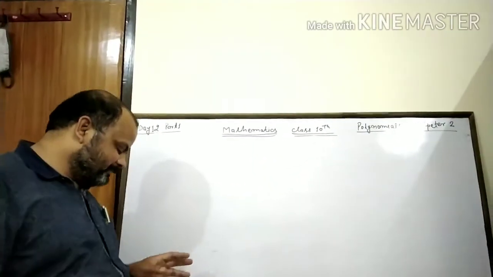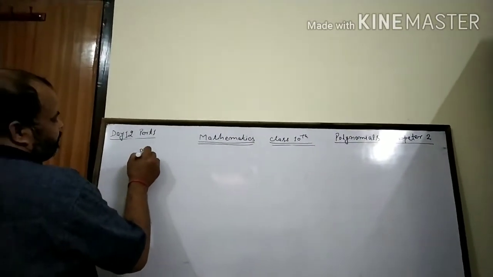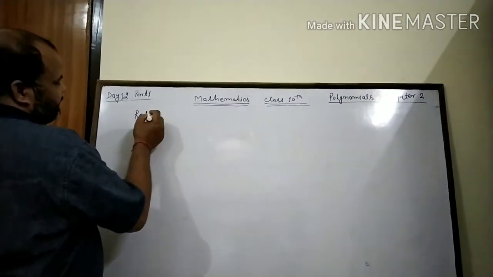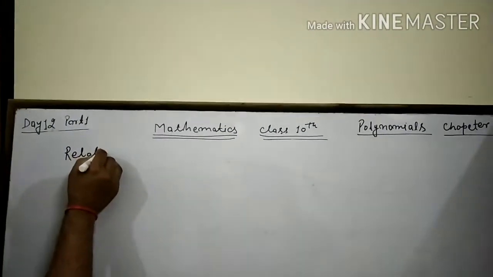Today we discuss the relation between the zeros, or roots, and coefficients of a polynomial. It is a very important question, asked in the examination.